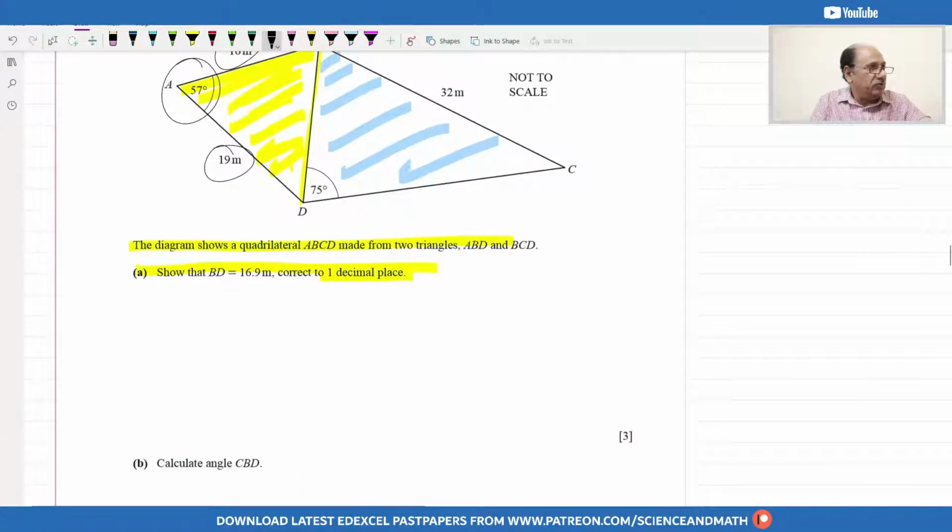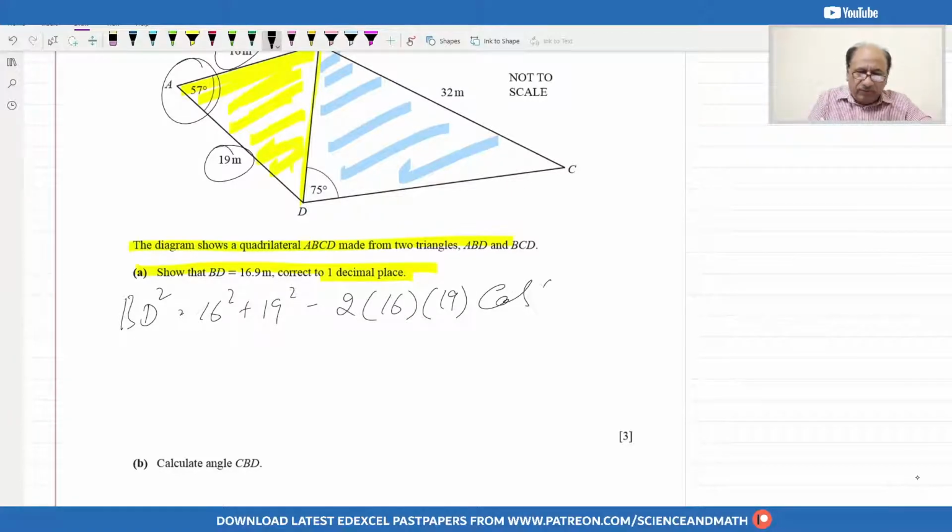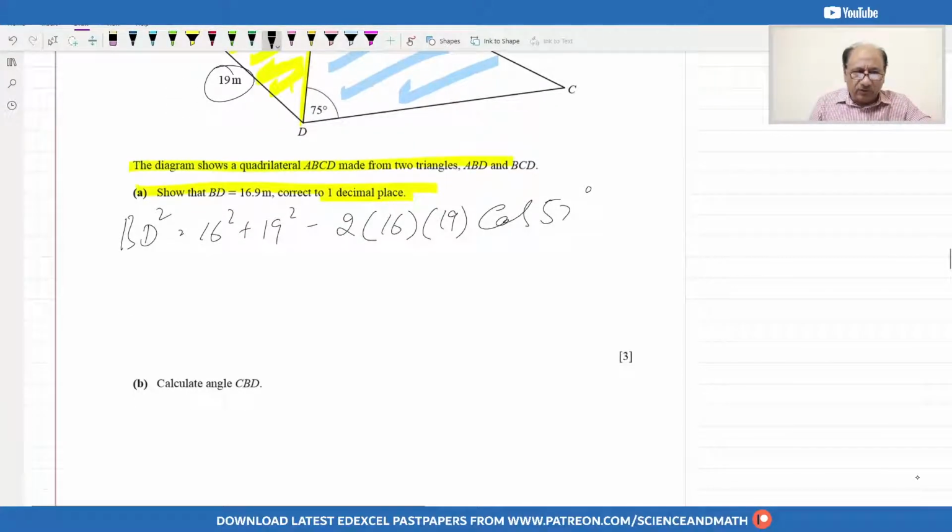When I am solving, you can solve the question also, for example BD, and then compare your answer with mine. So it will be one side squared plus 19 squared minus 2 into one side into other side and cos of 57 degrees. This is how we can figure out BD.